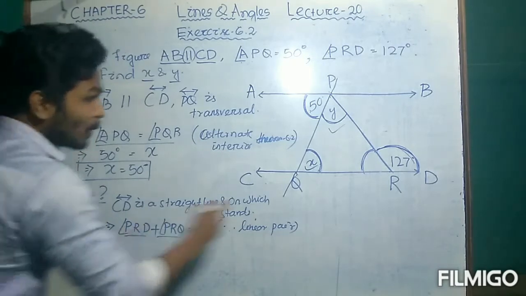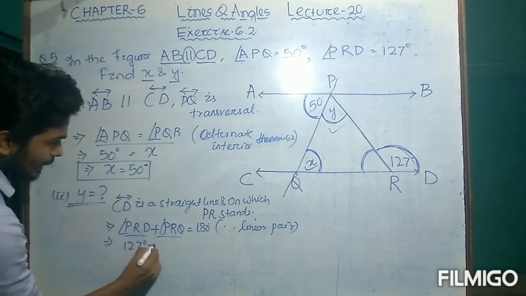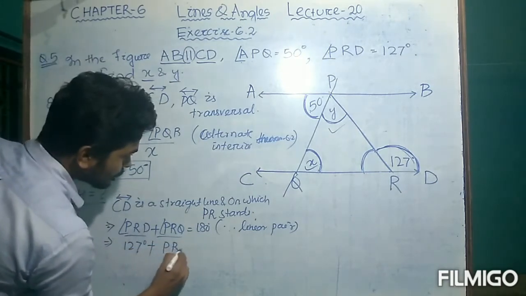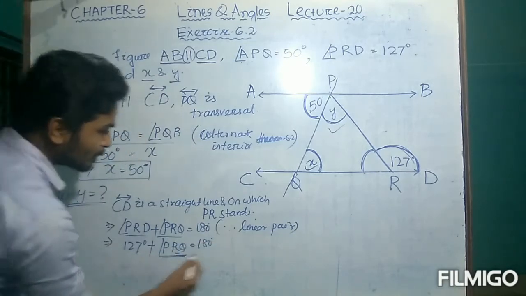Now, the value of PRD is 127 degrees, plus PRQ is equal to 180 degrees. Now we can find this value.